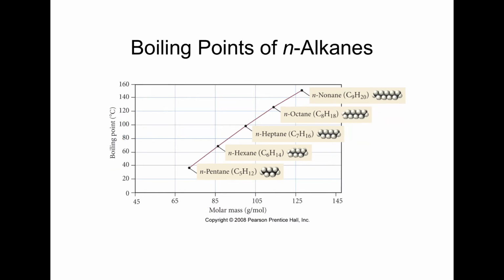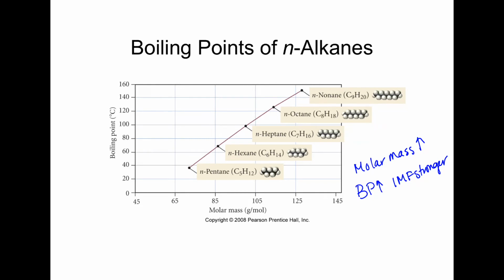And what we can see is that the smallest one has the lowest boiling point, and the biggest one has the highest boiling point. So again, as molar mass goes up, boiling point goes up because the intermolecular forces are stronger.